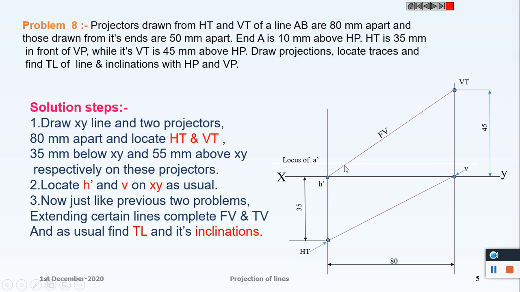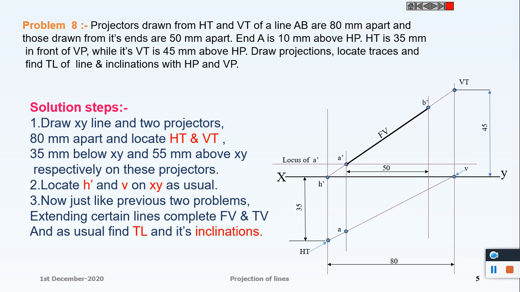By drawing this, we can find A dash. It is also given that end projectors are at a distance of 50 millimeter apart. So from here, draw a 50 millimeter line at a distance of 50 millimeter from A dash. So here we get B dash. Join A dash B dash.